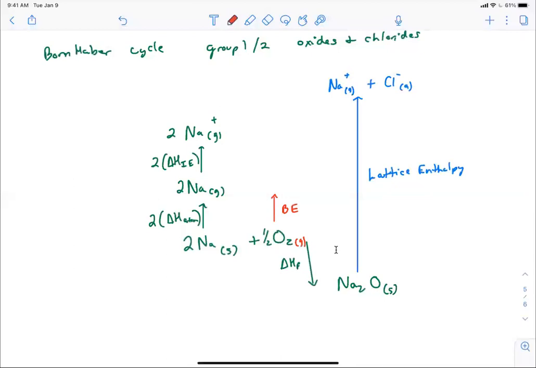They don't usually call it atomization for breaking bonds. With bond enthalpy here, this becomes O, gas. But because it's half O2, this is bond enthalpy divided by 2, because you only have half a mole of O2 breaking bonds. And then going to O2 minus, that's electron affinity 1 plus electron affinity 2.